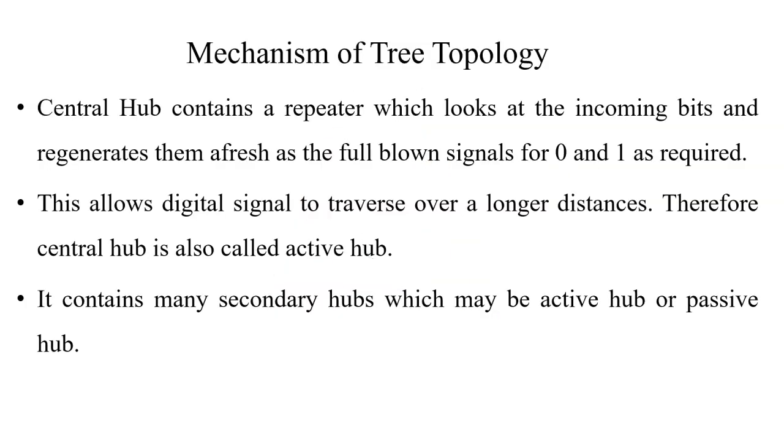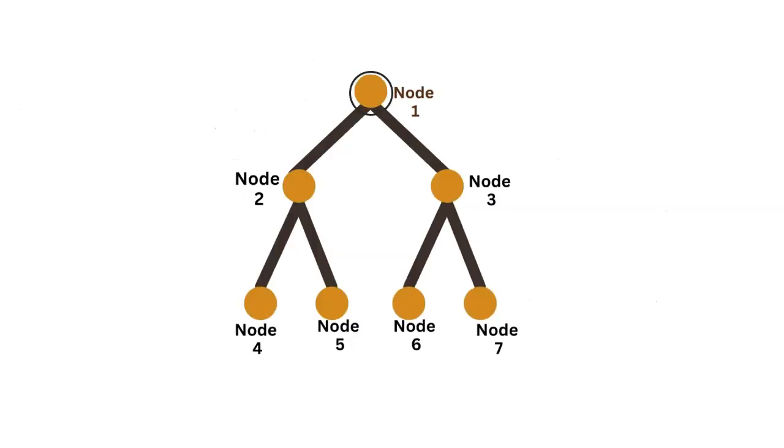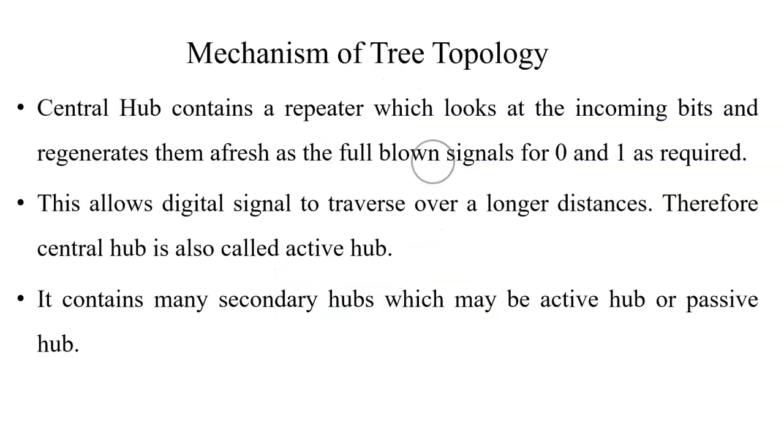So let's see the mechanism of tree topology, means how tree topology works. Here we have seen that node 1 is basically a central hub, that is a multi-station access unit, which has a direct connection to two lower nodes, node 2 and node 3, and that hub has a repeater which looks at the incoming bits and regenerates them afresh as full-blown signals for 0 and 1 as required.